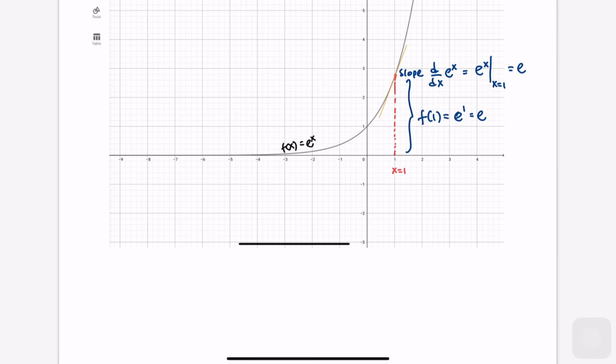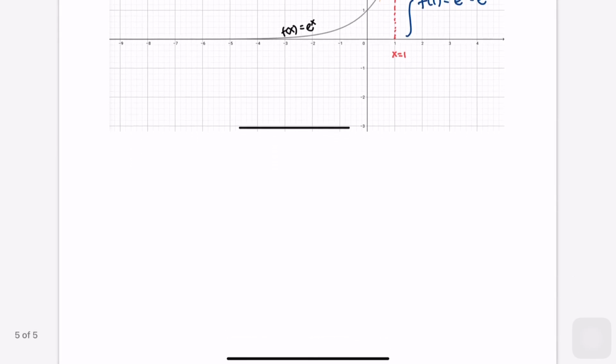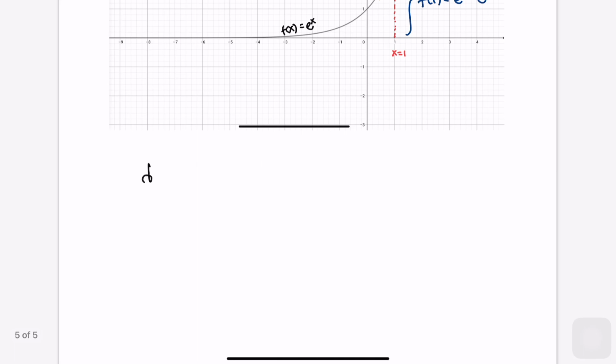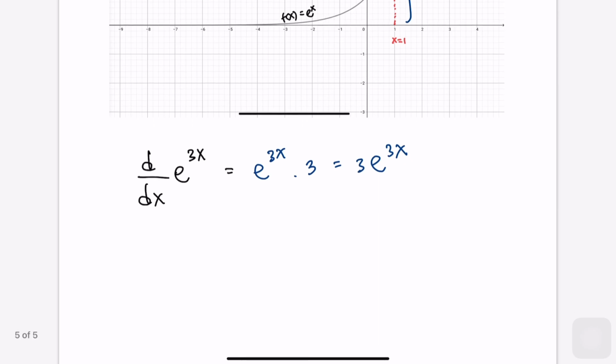And also, you already learned about the chain rule, so you have this idea here. If I differentiate this, first we write e to the 3x with that power, and then multiply by 3 because of the chain rule, so this will be 3e to the 3x.